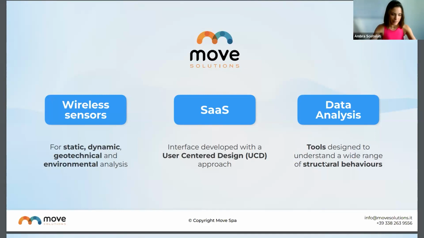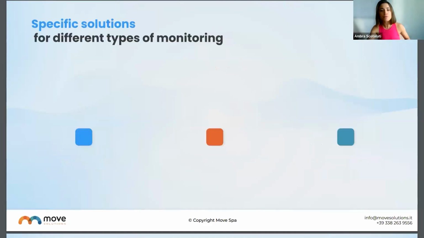But what does that mean, this wide range of structural behaviors? It means that Move Solutions has developed specific solutions for different types of monitoring in order to analyze all the structural behaviors that are important when it comes to assessing the stability and health of a certain structure.